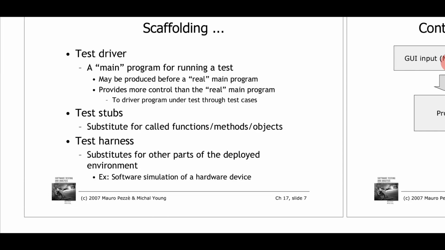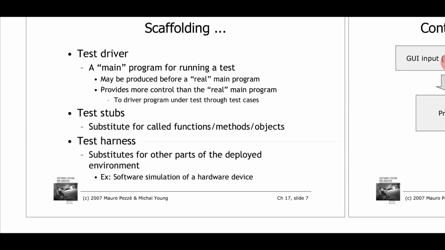Instead of doing the exact thing with a computer robot before its actual implementation, that will be simulated in a computer by software. This is called software simulation. So this harness is considered a substitute for the other part of the deployed environment.